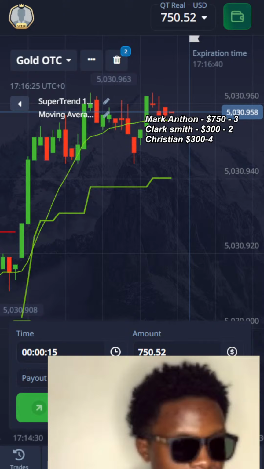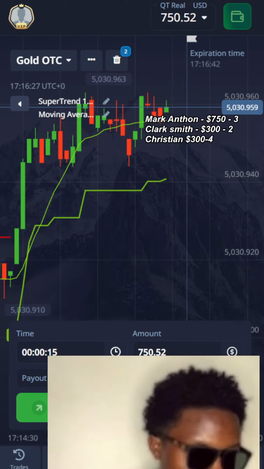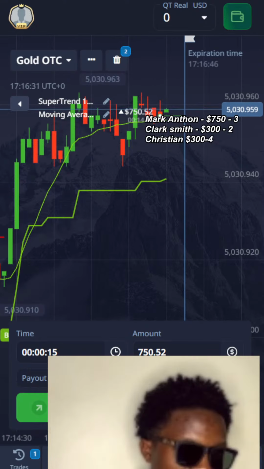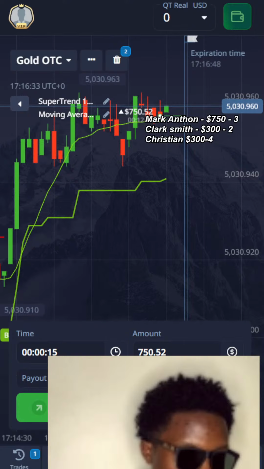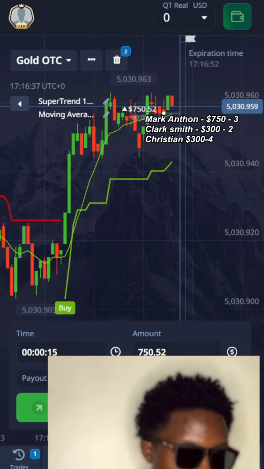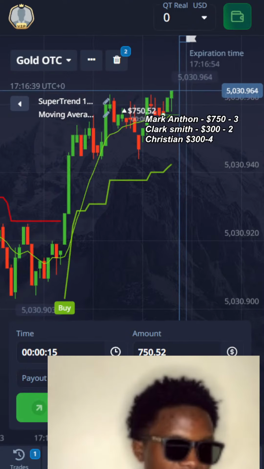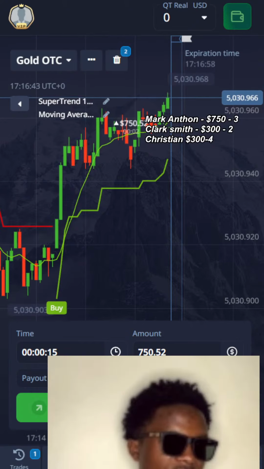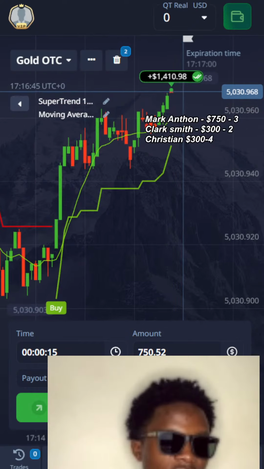Yes, let's first see. Oh, we had to take that trade from there. Yeah, we still have it. Let's take it from there at the moving average. We take that buy. You can clearly see we are moving upwards. We broke structure here, went up, and that is the moving average there. That is where we took the trade from.